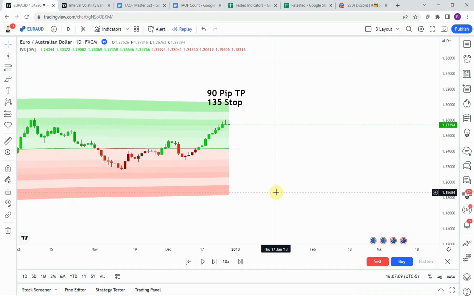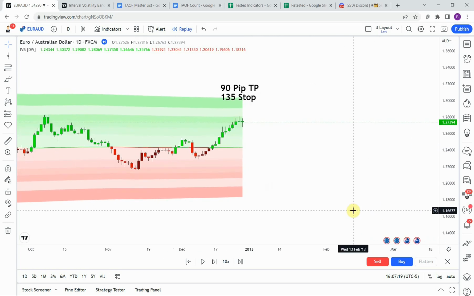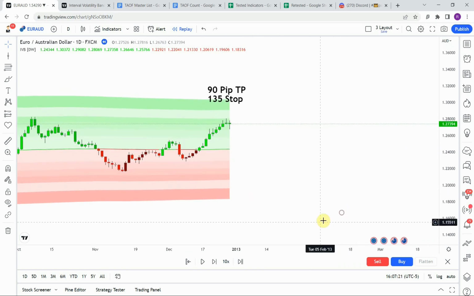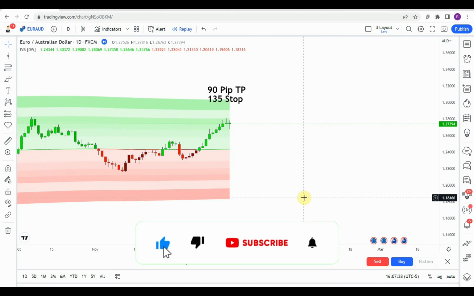All right, so today's indicator is the interval volatility bands indicator, and you can see the indicator here on screen. This one was suggested by one of our members on the Discord channel, in our Patreon only channel. Really helpful member. We'll discuss them a little bit later.